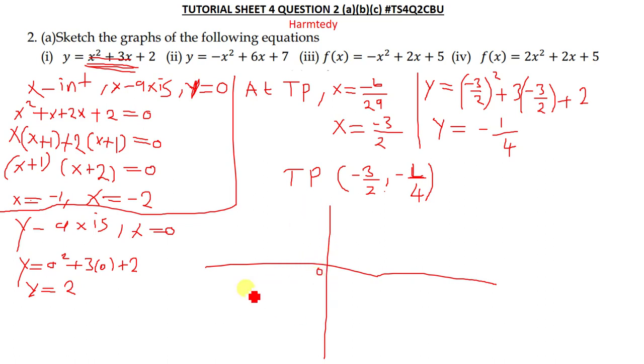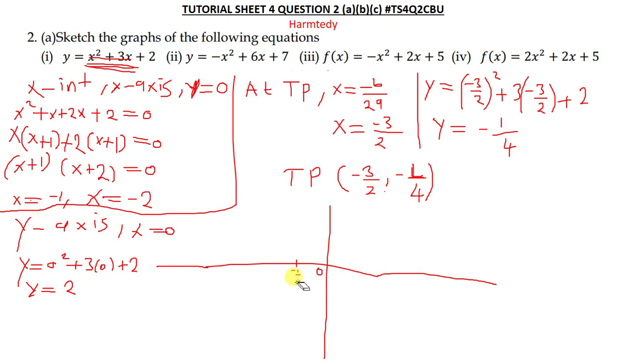Okay, so we first put the turning point. We're just sketching, so we just look at the important points.